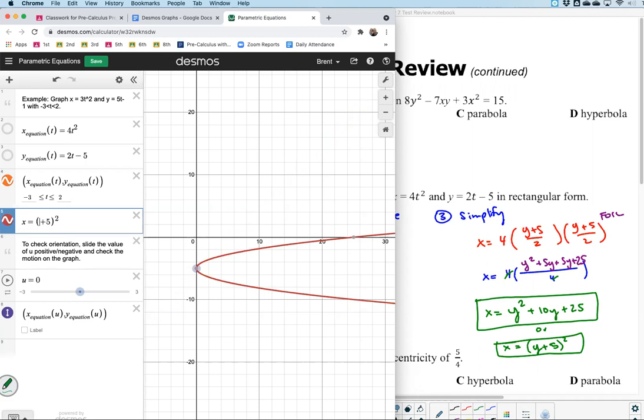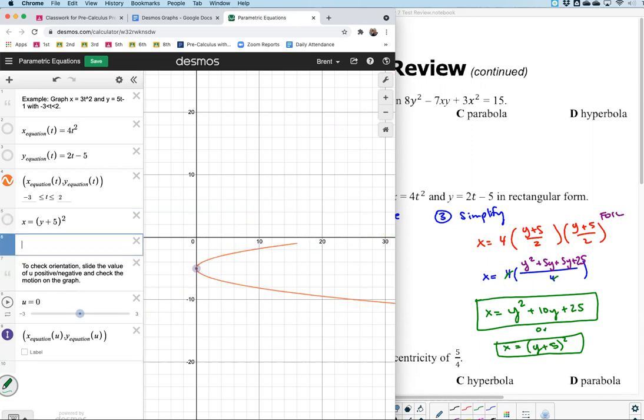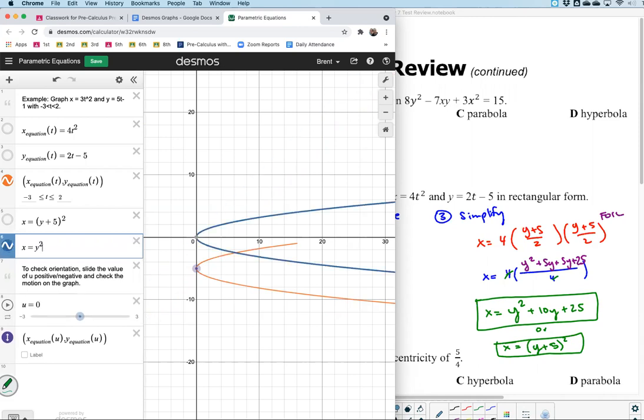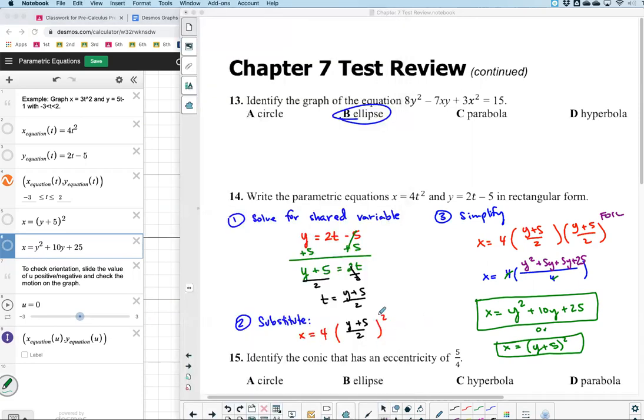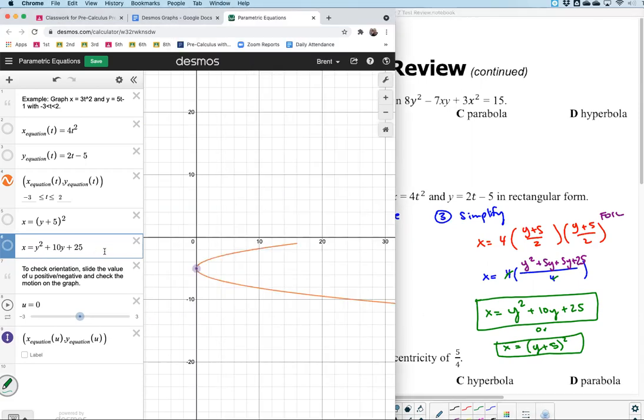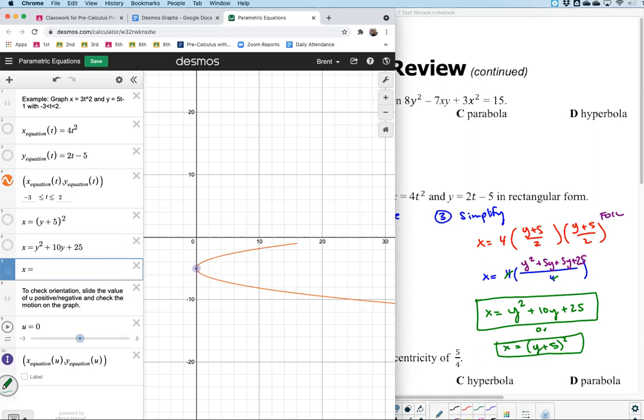Let me make that a normal lowercase y. There we go. You can see these graphs, do they match? They overlap? Yep. I could write the equation the other form, y squared plus 10y plus 25. Even if the answer choice was written this way on the test, those overlap. Or if I just left it in this form, all of them will show you the same answer.